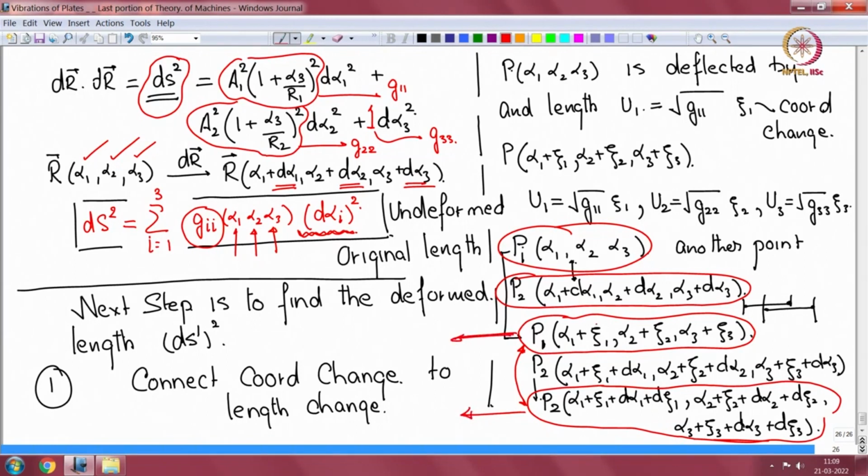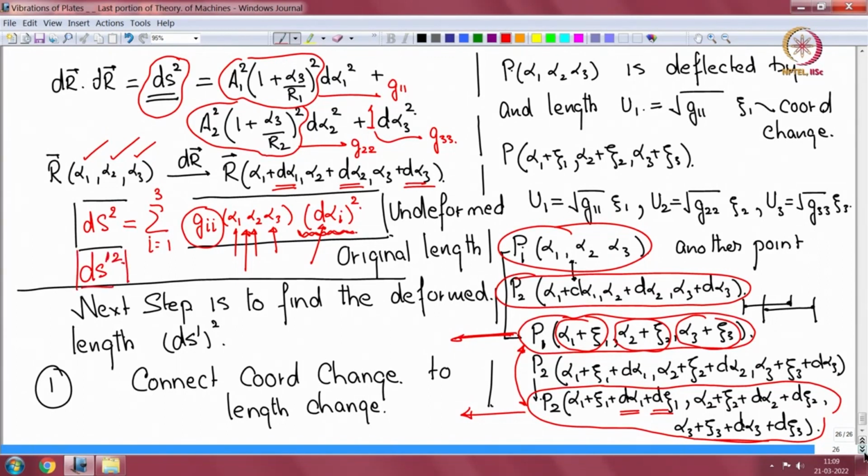So what is the baseline here? Alpha 1 plus xi 1, alpha 2 plus xi 2, alpha 3 plus xi 3. So that will come over here, and all the d's, all the differentials, will come over here. Okay. So now the deformed length I will denote with a dash.